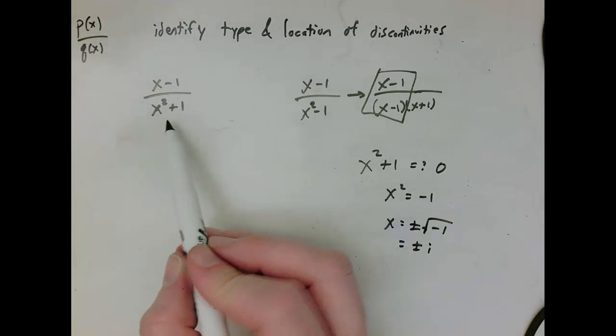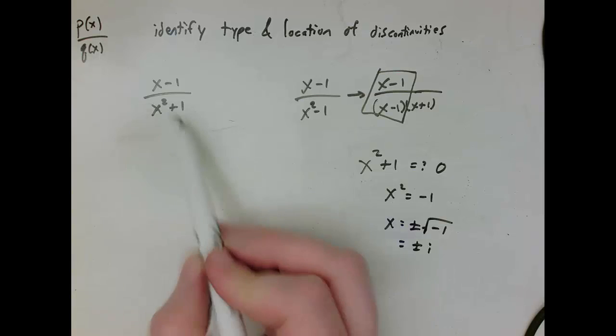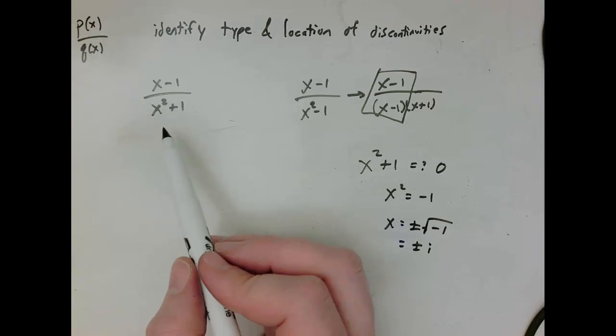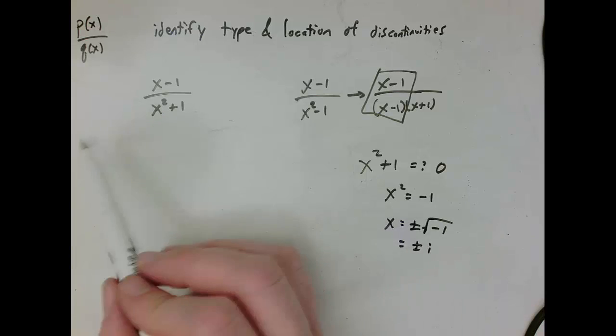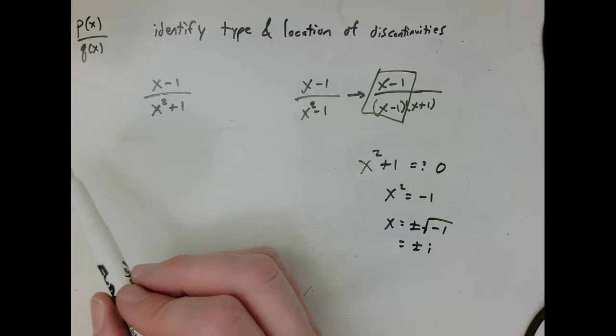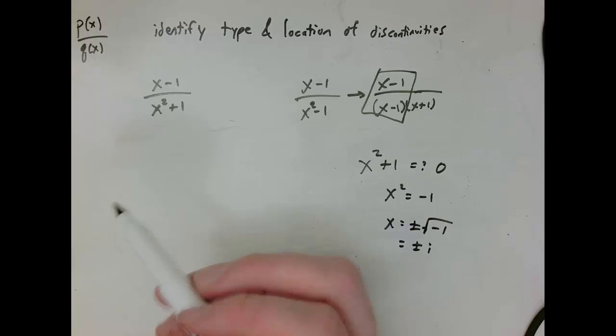So what that shows us is that there are no values of x that would produce zeros in the denominator, and so this function is actually defined for the entire domain of all real numbers. So there are no discontinuities for this function.